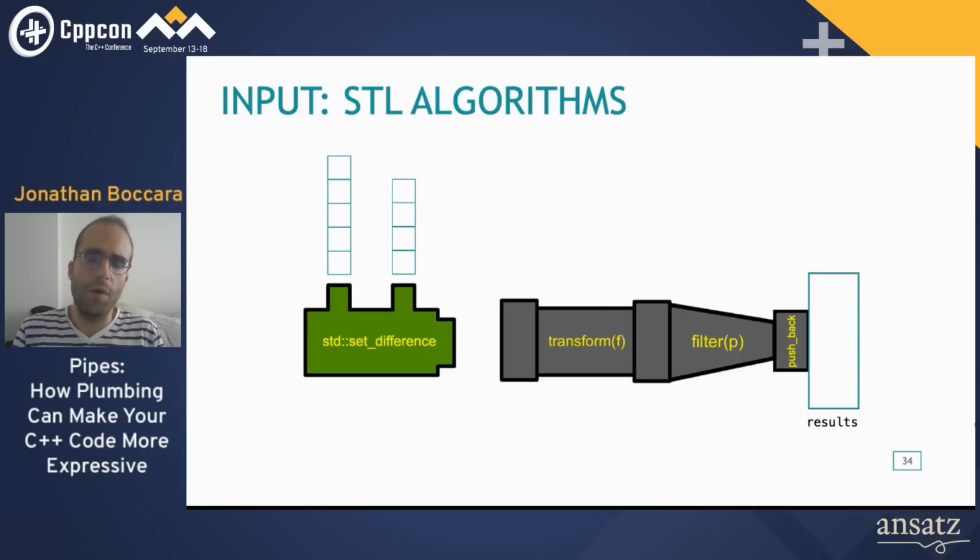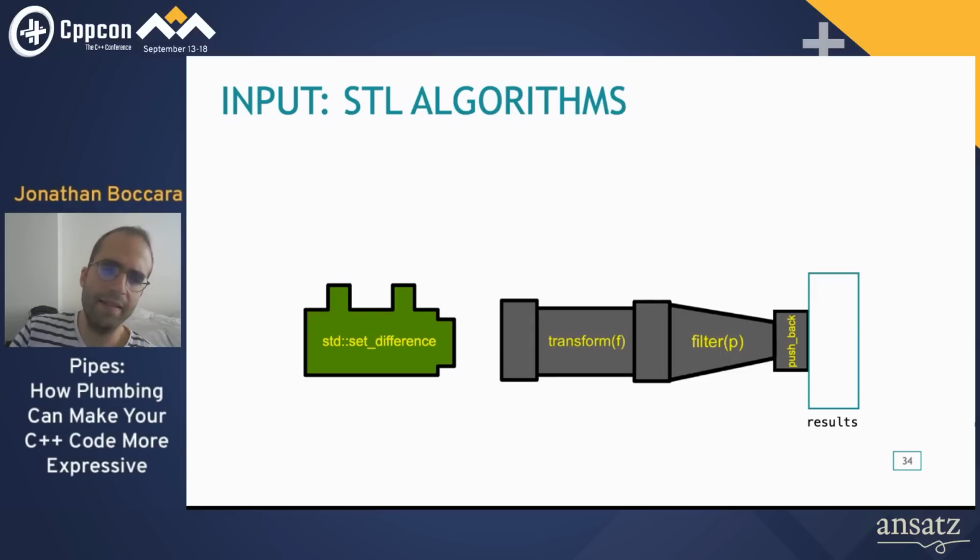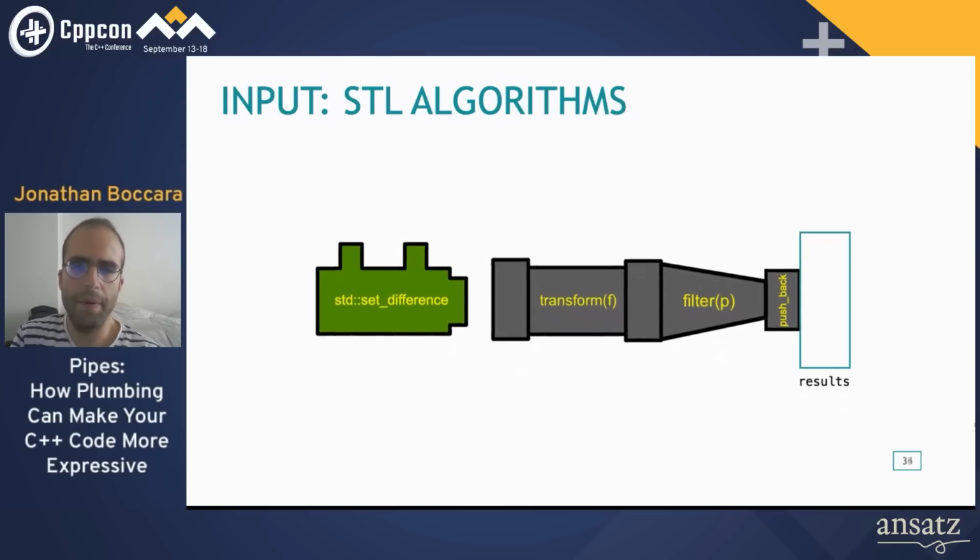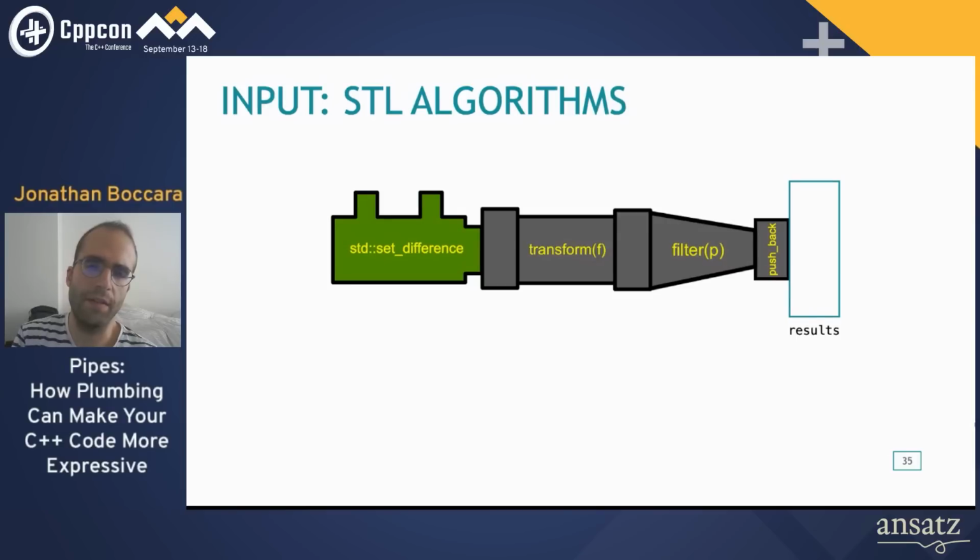If we'd like to do something with those results, for example, applying a function or filtering on them, normally we'd have to store them into, for example, a vector and work on the vector. Now, what if we could somehow make set difference send its results to a pipeline that would avoid the need for a full container for that?